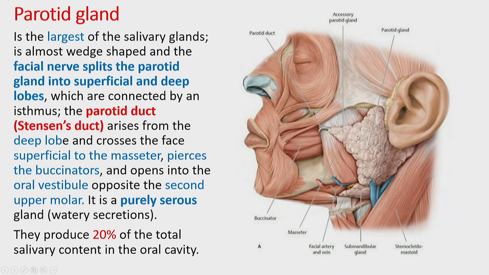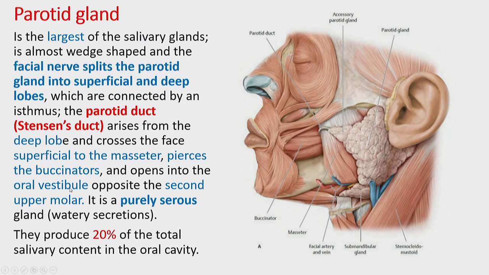From the deep part of the gland, the deep lobe, arises the parotid duct. Along the pathway of the parotid duct, sometimes when you are dissecting next semester in the dissection room, you can see an accessory parotid gland. It is usually parallel with the pathway of the duct, which goes over the masseter muscle, very important. It turns and pierces the buccinator muscle and opens into the oral vestibule.